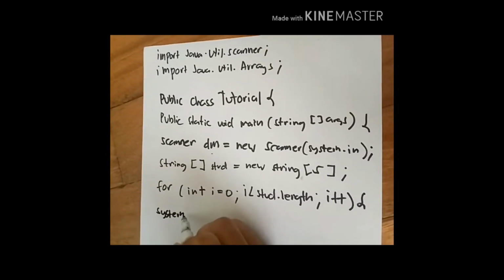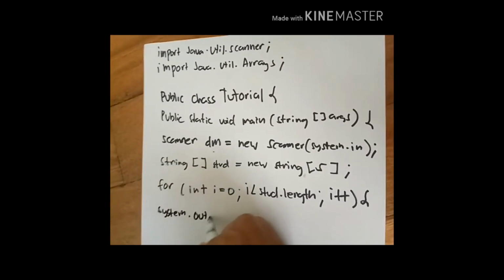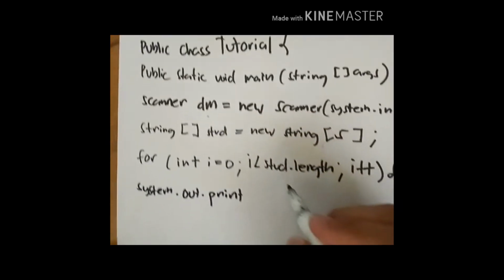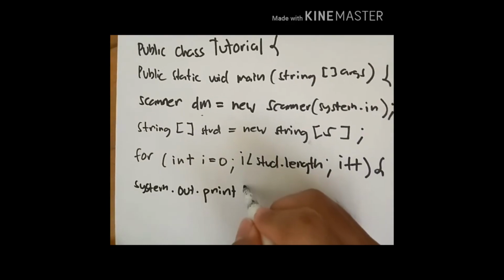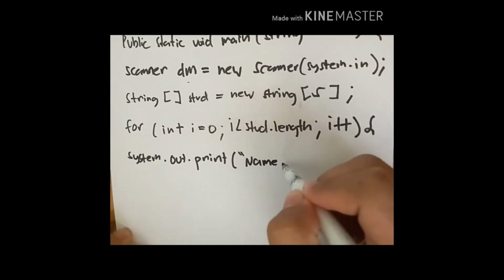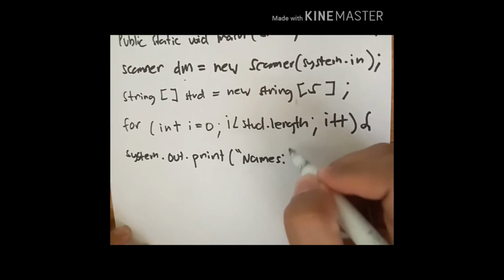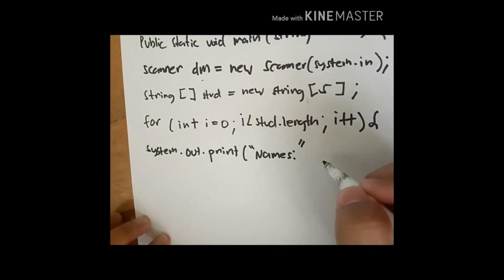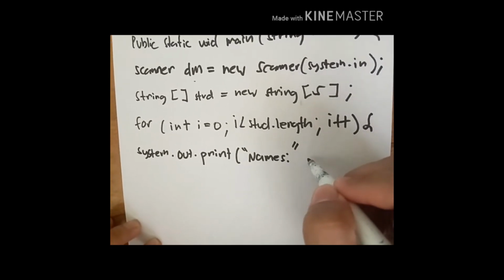Then sa statements natin, piprint natin ang names. Kumbaga, ito yung unang makikita ng user para mag-enter siya ng name.